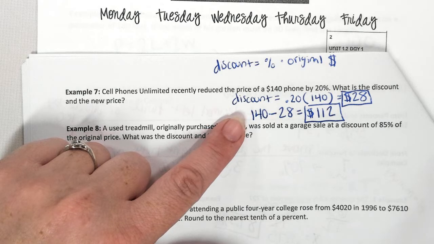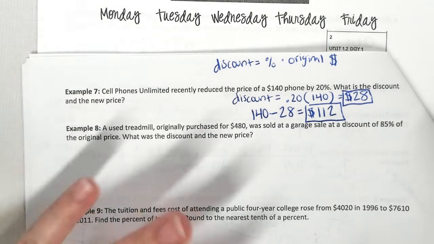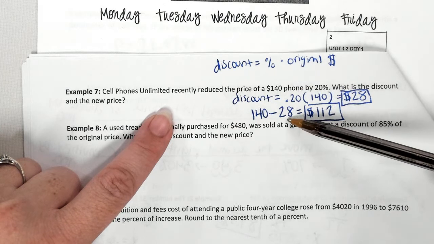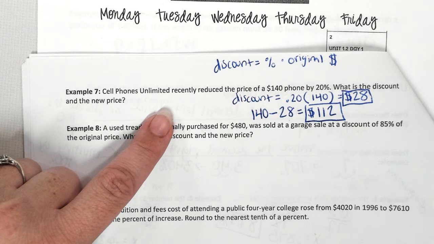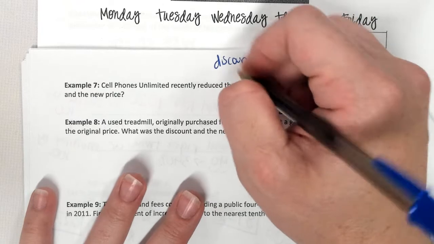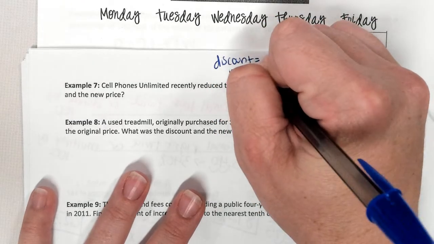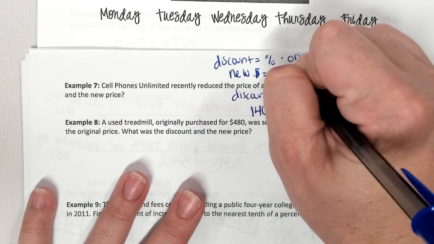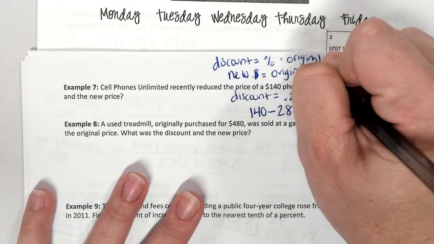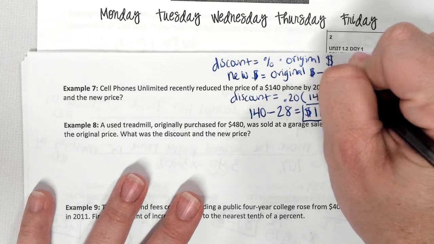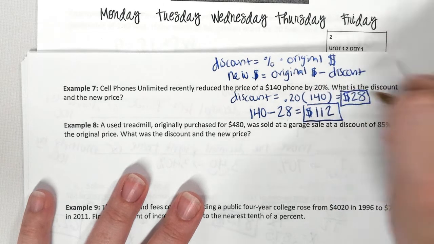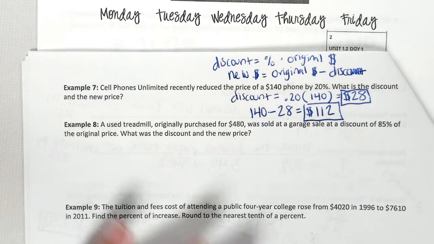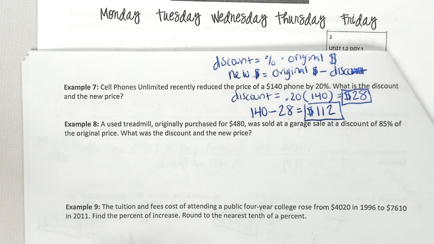That's the only difference. So if you ever see something that said it was marked up 20%, we would have done 140 plus 28, and that would have been our answer. So just remember to find your new cost, it's just your original cost minus the discount. Discount. I can't spell. I think I've written this word so many times. That says discount.